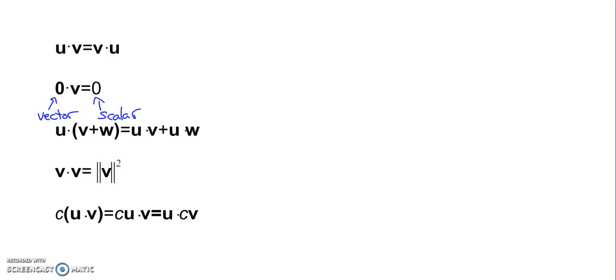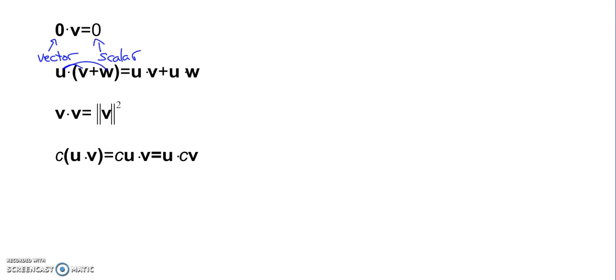Dot product works similar to the distributive property. You can either add v plus w and then dot it with u, or you could dot u individually with each vector and then add the results. A vector dotted with itself is the same as that vector's magnitude squared.